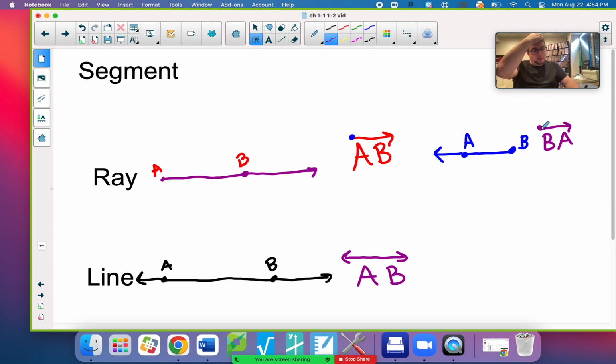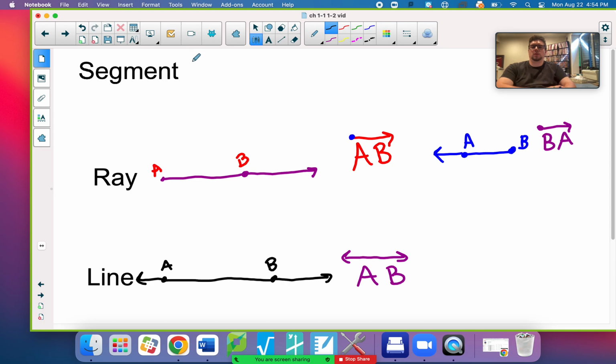That way the endpoint is with the correct letter. We don't typically write AB like this. Our arrows typically go to the right. I don't think I've ever seen it written how I just had it.